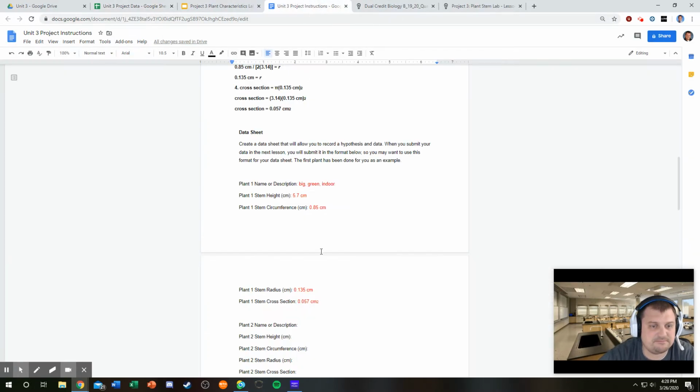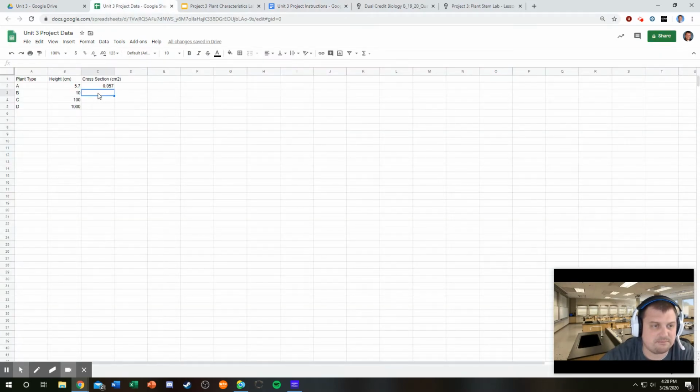Centimeters squared. Let me just make sure I just had that right. So it's 0.057 centimeters squared. Okay. Let's say that this one went up to 0.14. Let's say this one went up to 0.30, and this one went to point.